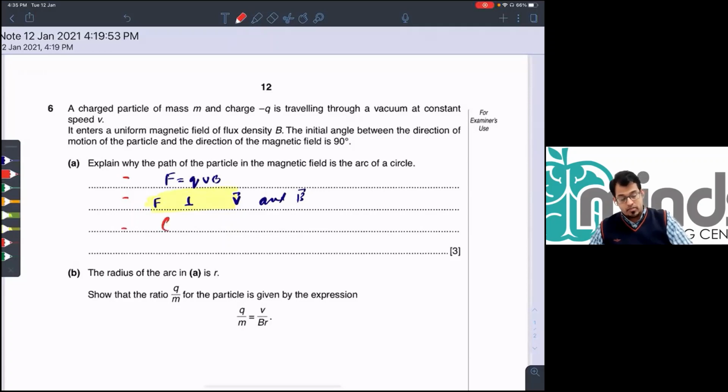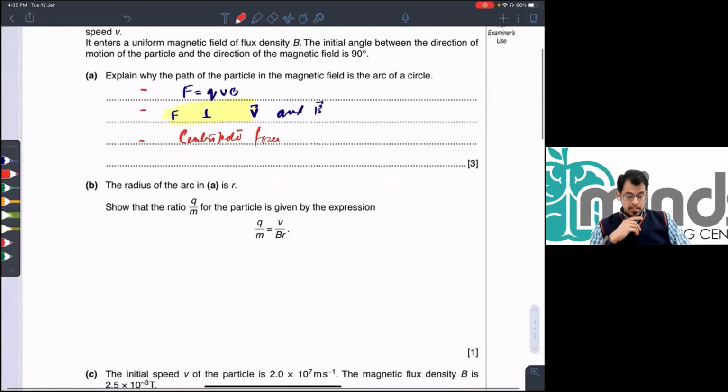It means that it will behave like a centripetal force. I guess in the previous few questions we did mention this. So whenever they ask why it is following a circular path, you need to mention that the force is perpendicular to velocity. Since the force is perpendicular to velocity, it will behave like a centripetal force. So how many of you actually mentioned these points? Okay, all of you.